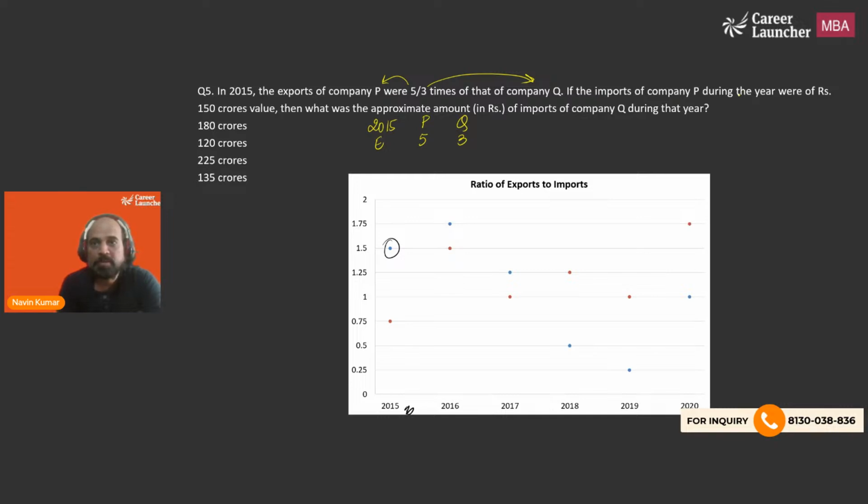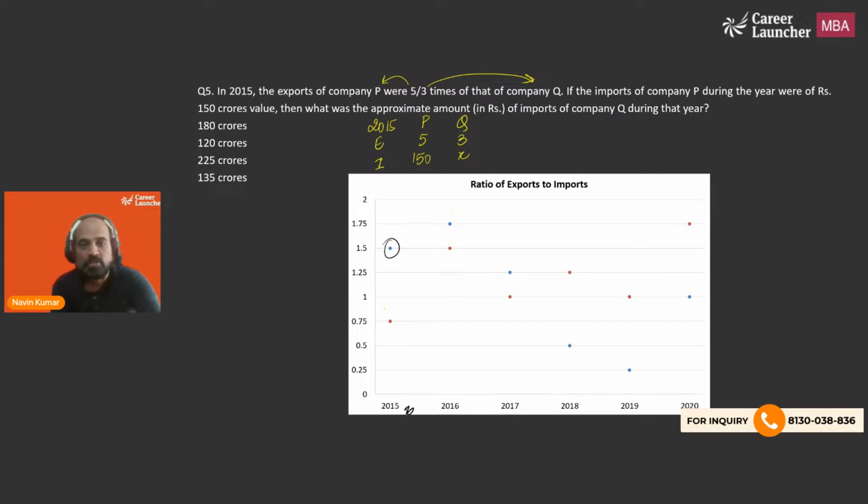If the imports of company P during the year were of rupees 150 crores, then what is the approximate amount of imports of company Q? So we need to find out the value of X.